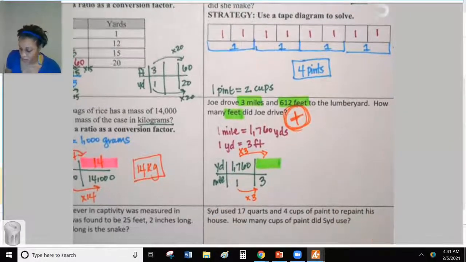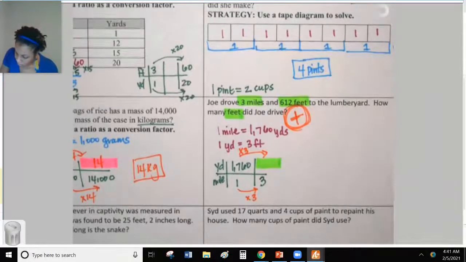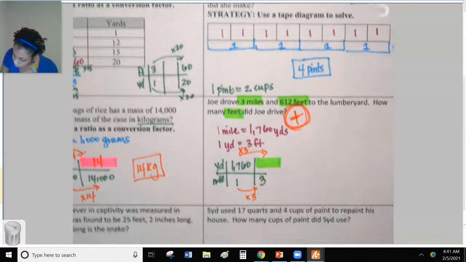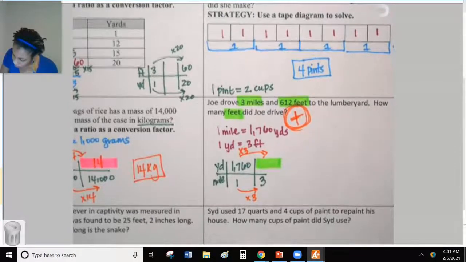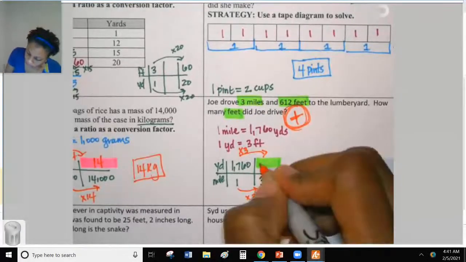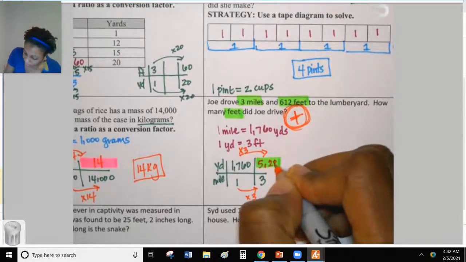Okay, so I'm going to do a little side work. And I'm going to get 5,280.